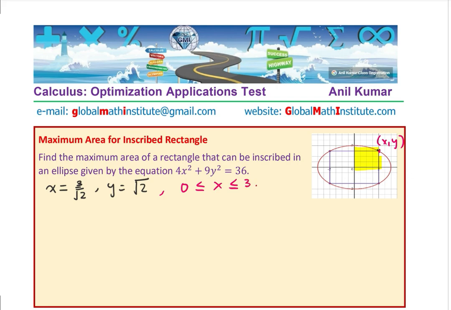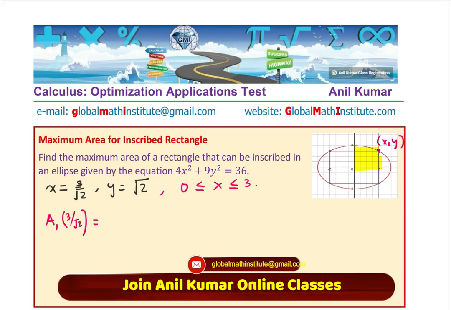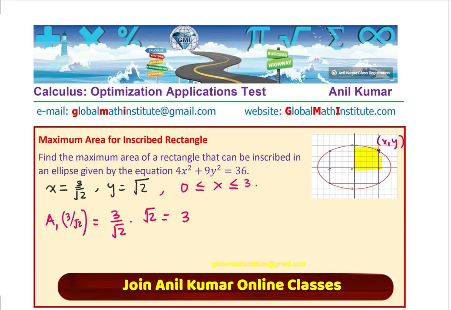So area is the product of these two values, right? So the area at the critical number will be x times y, which is 3 over square root 2 times square root 2. That gives you 3 as the area of this particular rectangle.